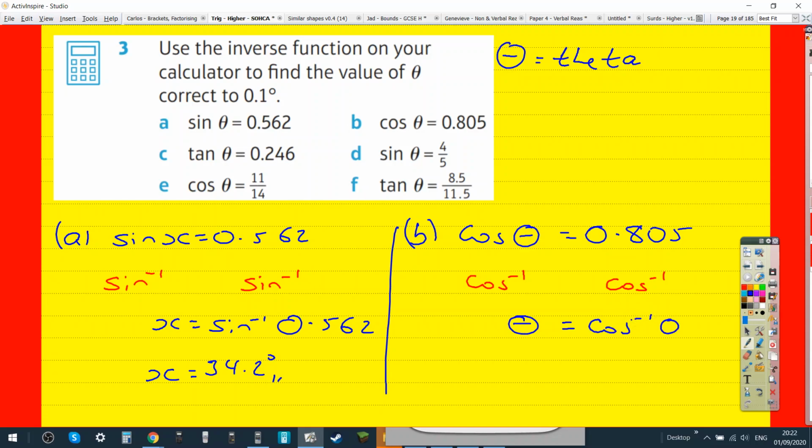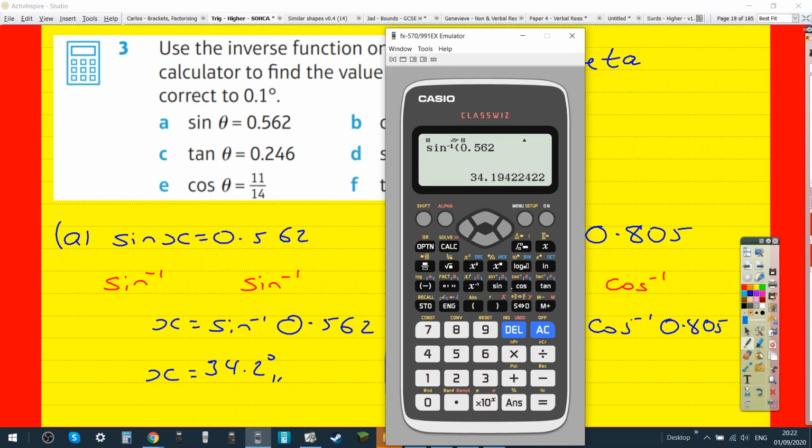So what do you get for that one? Wait, is this one calculator? Yep. So this time it's shift cos 0.805.